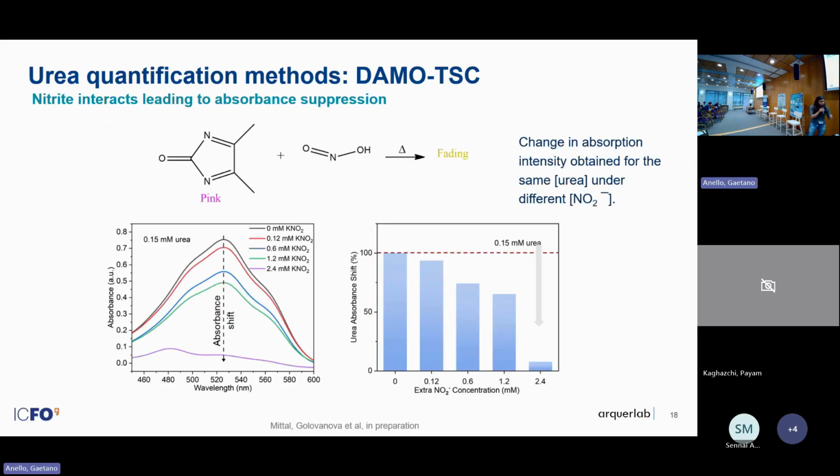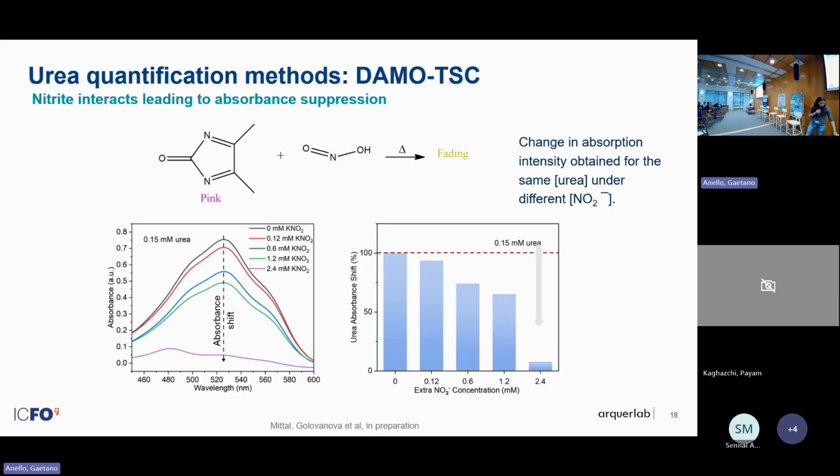And the main one is the nitrites. It has been already discussed in the literature a lot that the presence of the nitrites in the electrolyte leads to fading of the color as well, and the suppression of the absorption peak, which happens because of the oxidation of the reagent species, most probably.